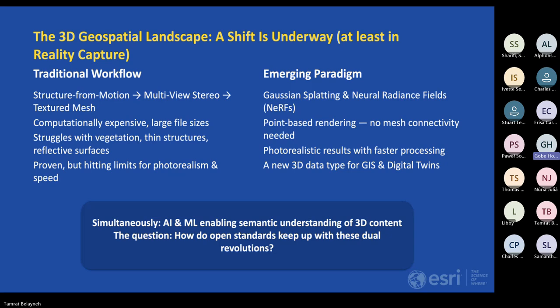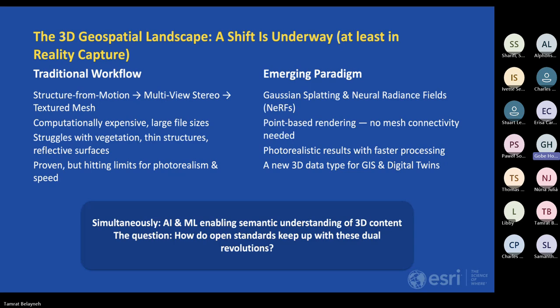A big part of the workflow still involves that. This is very computationally intense, with large file sizes. There is a lot of struggle with capturing reality, vegetation, thin structures, reflective surfaces. That has always been its Achilles heel. It's proven, but it still is a very limiting sort of workflow.